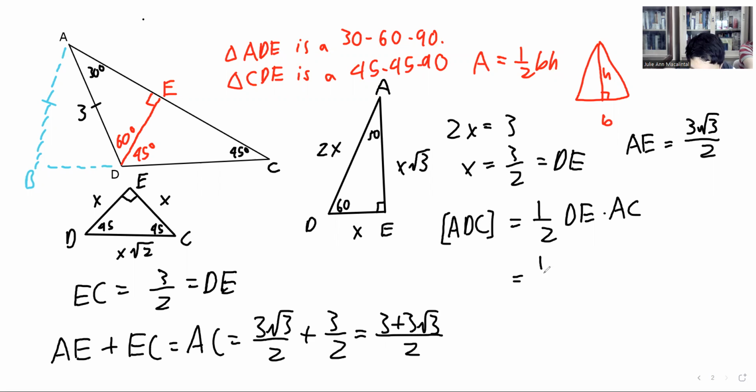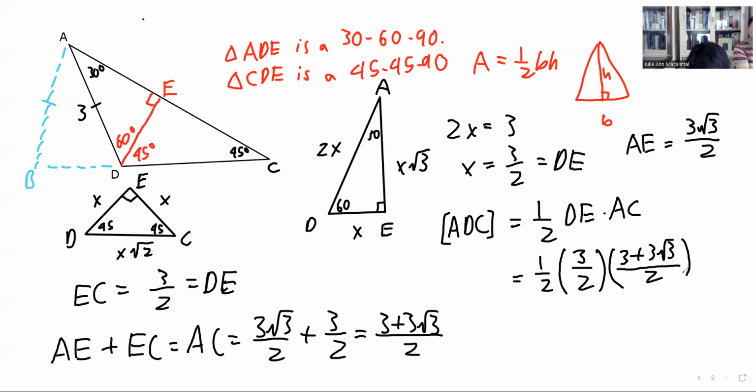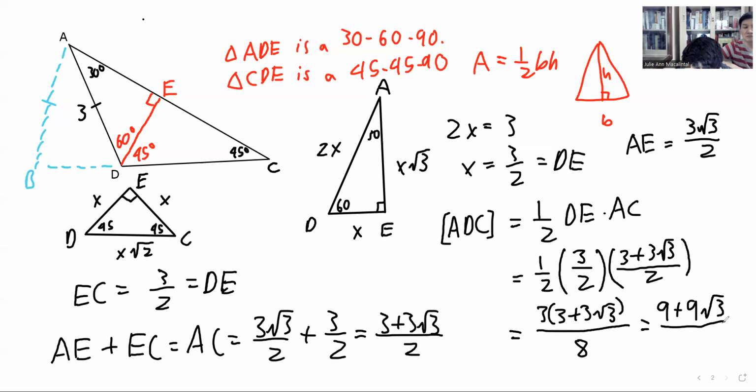So 1 half times 3 halves, BC is 3 plus 3 square root of 3 over 2, which gives 9 plus 9 square root of 3 over 8.